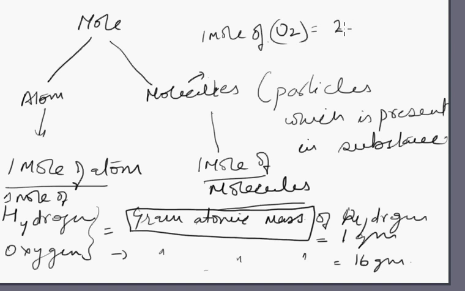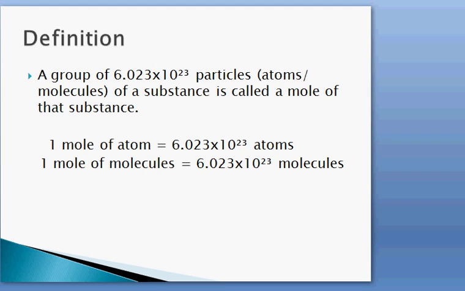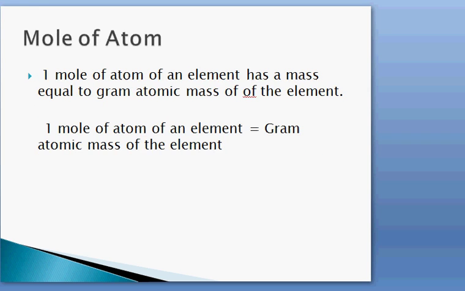So we'll just multiply the atomic mass to the molecule. That is, it will be 32 grams. Now we'll quickly see the differences between these two.